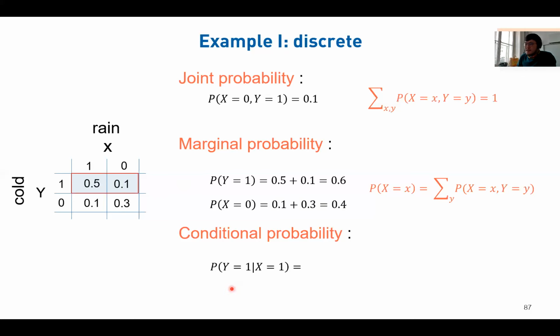So I am interested in the probability of y being 1, given that x is 1. So what is the probability of that? It's a conditional probability. The condition is x being 1. And then conditional on that, the probability of y being 1. Given that it's raining, I'm interested in what is the probability of being cold, okay?